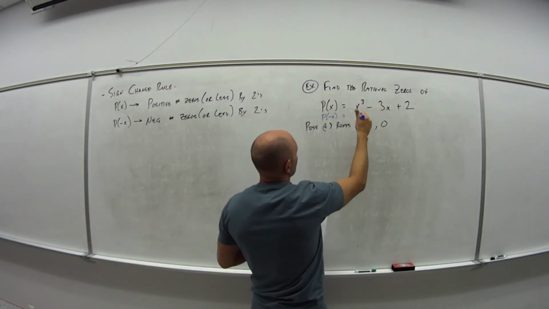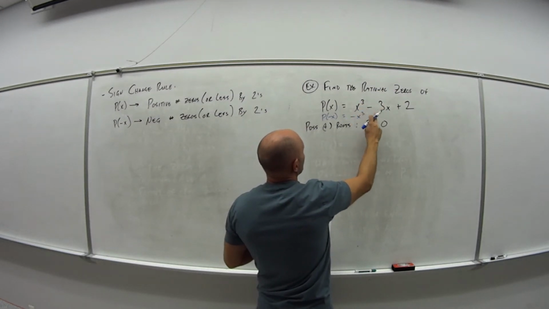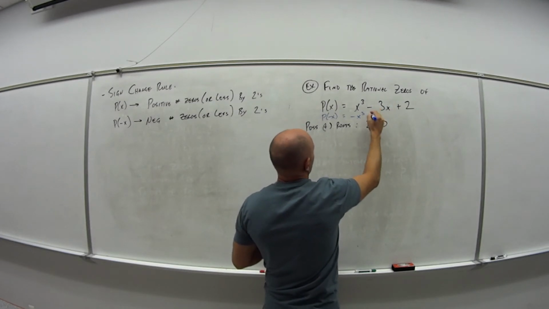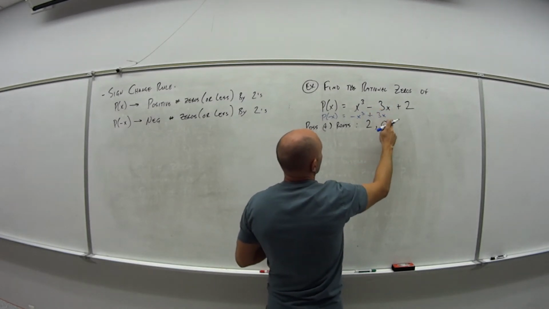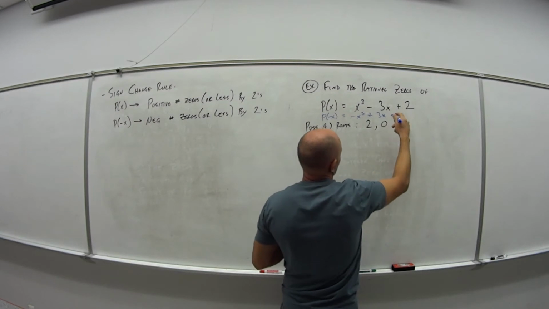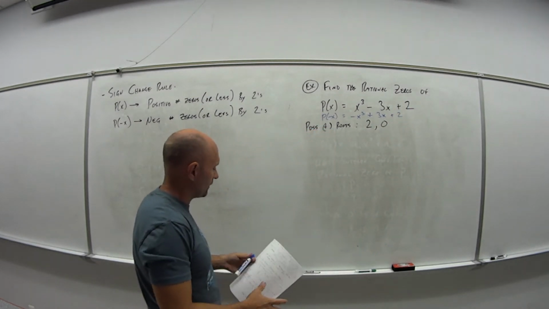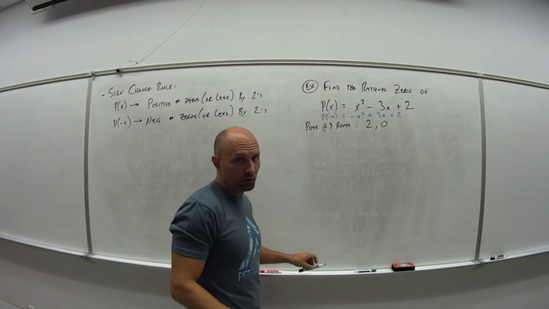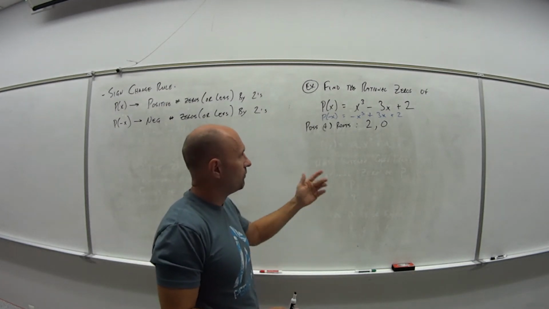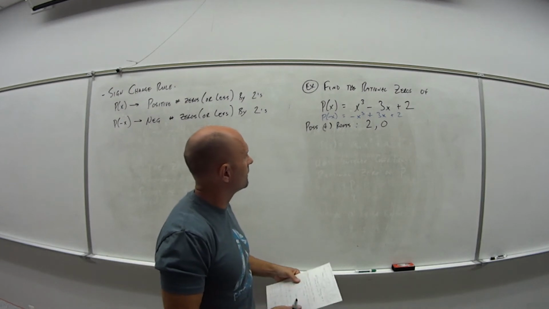So this is positive, it's going to become negative. This is x to the 1st, so its sign is going to change. And then plus 2, well that's like 2x to the 0 power, so that doesn't get a sign change. It's only the values of x that have an odd degree exponent, 1, 3, 5, 7, 9, etc.